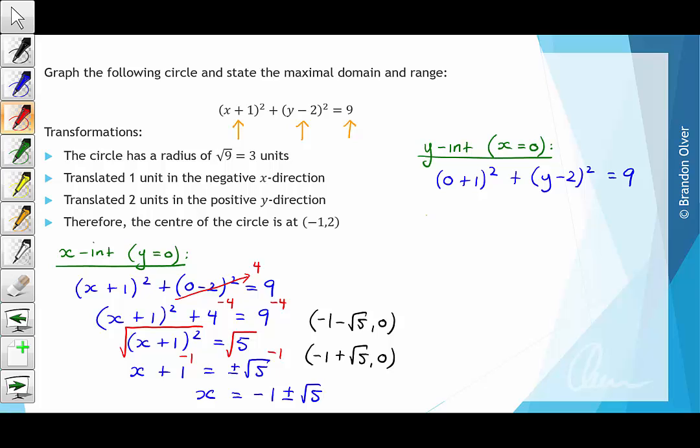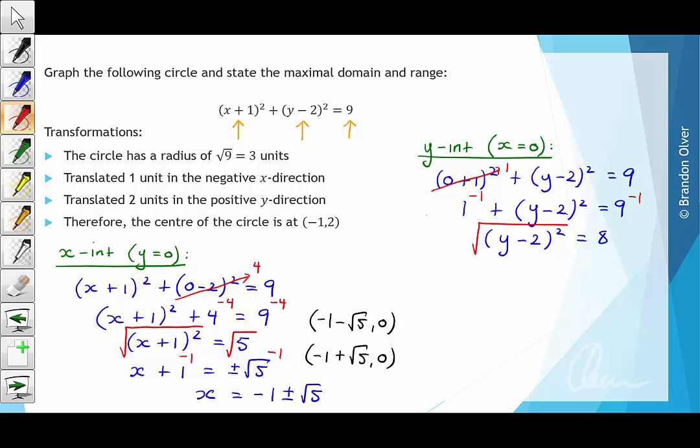Now, 1 squared is just 1, so this can be written as 1 + (y - 2)² equal to 9. Subtracting 1 from both sides of the equation, we find that (y - 2)² is equal to 8.